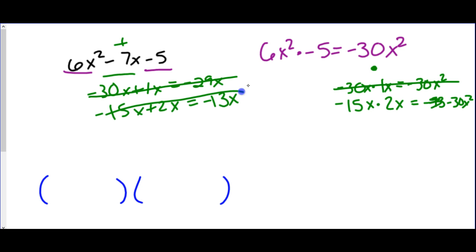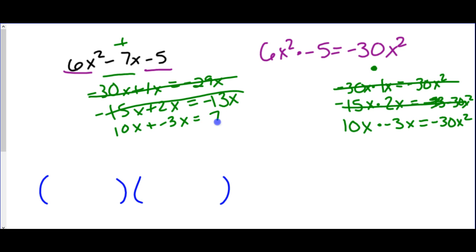Also not what we're looking for. So we try something else. How about 10 and 3? What if I did positive 10x and negative 3x? That does give me my negative 30x squared. But if I add them, 10x plus negative 3x, I get a positive 7x, which is so close to what I want, but I wanted a negative 7x.